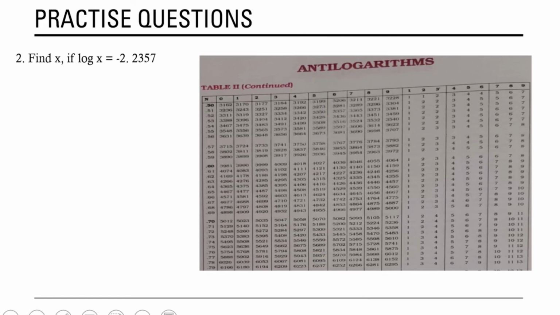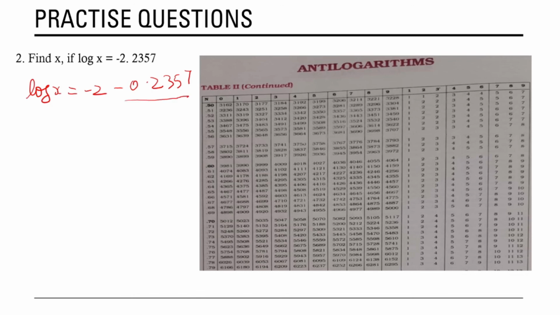The next one: find x if log x is equal to minus 2.2357. Here it is given log x is equal to minus 2.2357. It is not given bar 2.2357. Here it means the mantissa is negative, that is log x is equal to minus 2 minus 0.2357. Since the mantissa is negative, we have to make it a positive number.